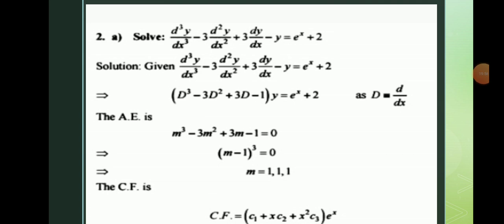A linear differential equation of the form x^n d^n y/dx^n + b1 x^(n-1) d^(n-1)y/dx^(n-1) + and so on + b(n-1) x dy/dx + bn y = f(x), where b1, b2, ..., bn are all constants and f(x) is either a constant or a function of x, is called a homogeneous linear differential equation.